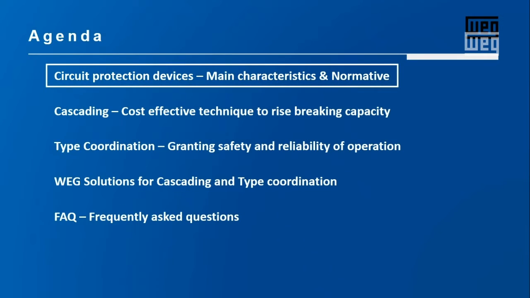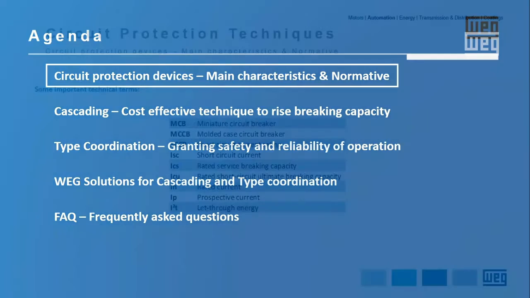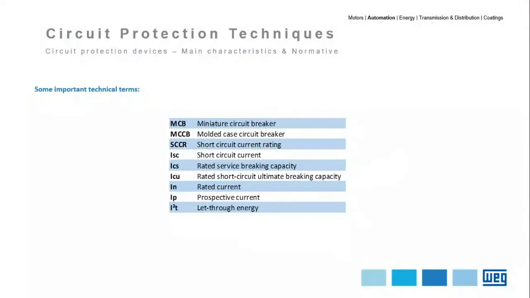Before we move to the protection techniques, let's check some basic information in order to better prepare us for the upcoming subjects. We shall explore very quickly the normative and the main terms and concepts that concern both techniques. Well, first of all, let's start reviewing some important terms which will be mentioned in this webinar.